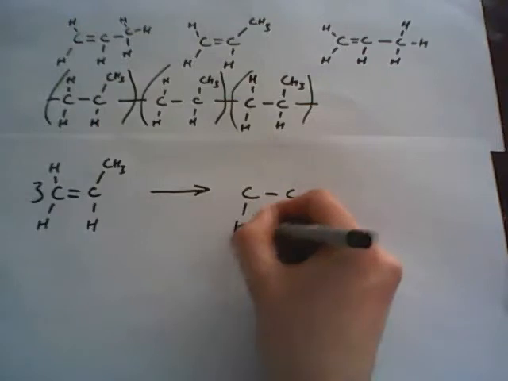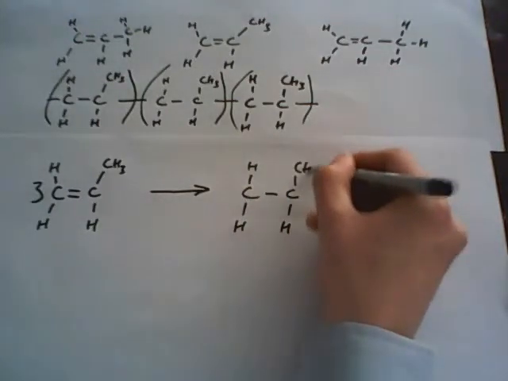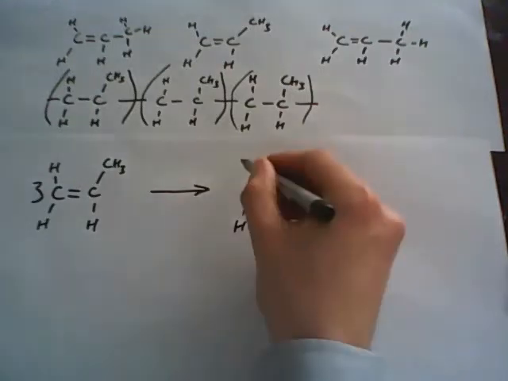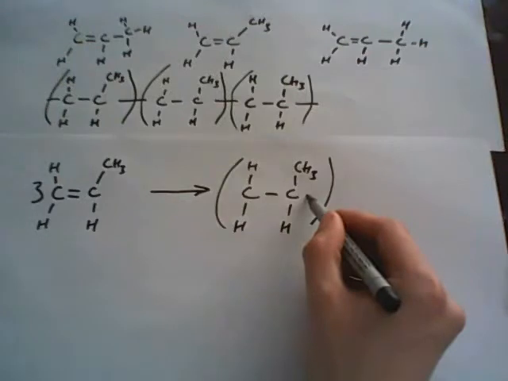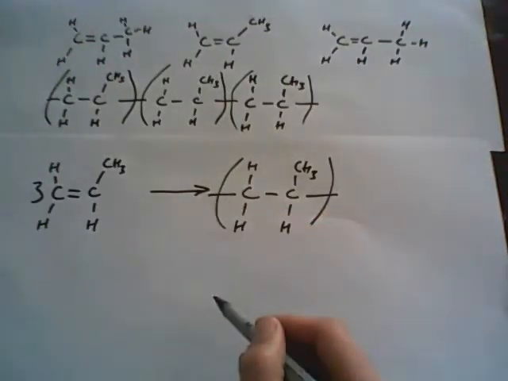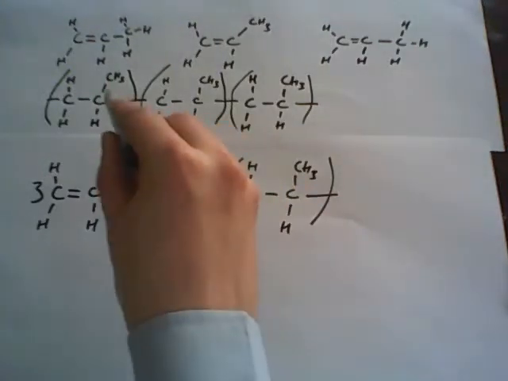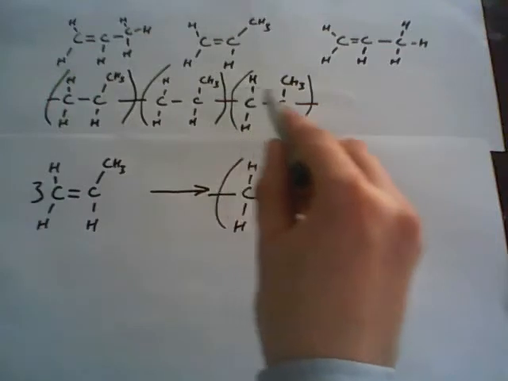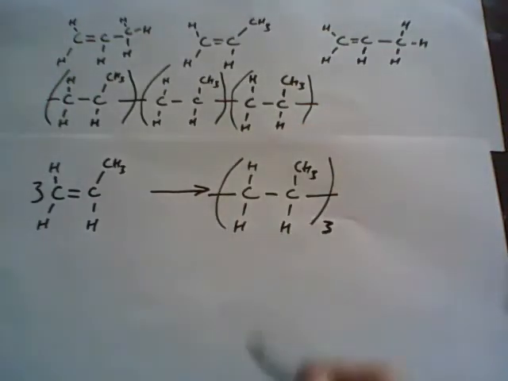So I've got 2 carbons, the hydrogens, and that CH3 group. I'm going to put the bracket around it, and then I'm going to put a bond starting inside the bracket and moving outside to show that that is able to bond to the next part of the chain. Now here I had 1, 2, 3 units in that chain, so I'm going to draw a small 3 down here.